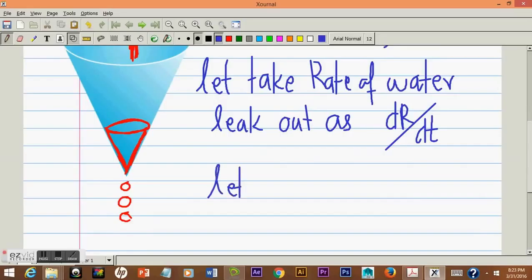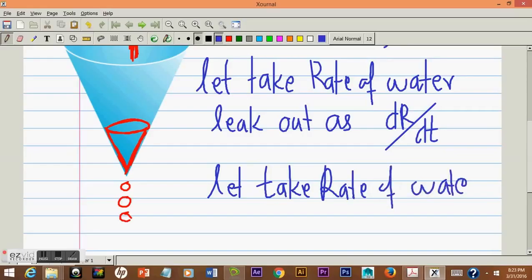And let's take the rate of water level rising up in the cone as dV by dt.